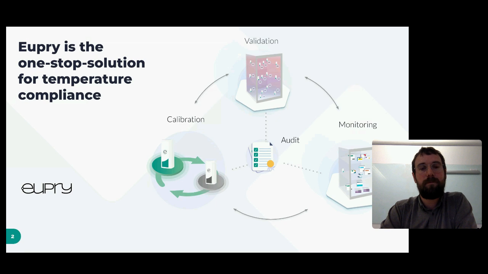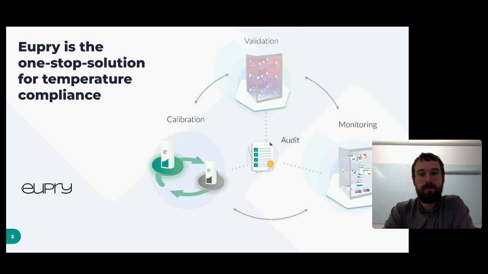All in all, it means that you're able to get through an audit super easily and comply with the regulations that you need to live up to. This is really what we care about, and this is really what we do in UPRI. We make systems and solutions to make an audit really easy.